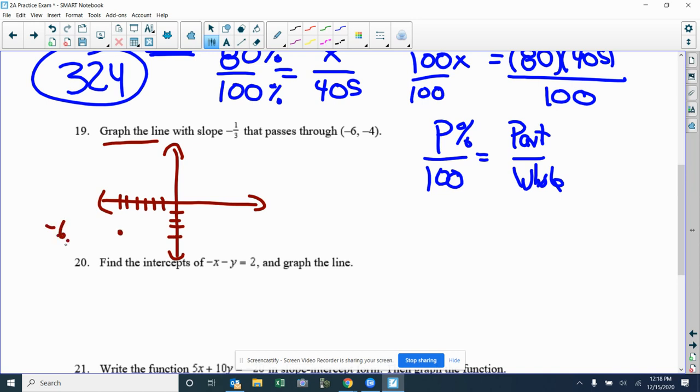So there's -6, -4, and your slope is down 1. So we go down 1, and then over 3, and that would be that line right there. Negative slope, down 1 over 3.